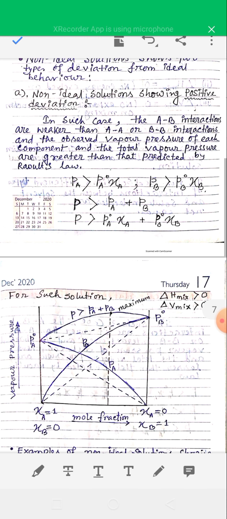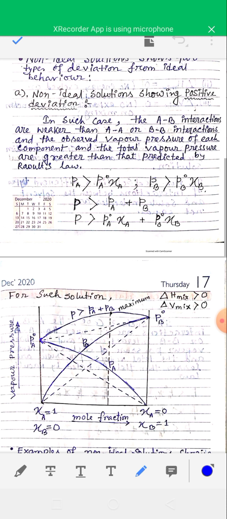In case of positive deviation, the vapor pressure of the solution will be higher than the vapor pressure of the ideal solution. This is the vapor pressure of the non-ideal solution, and this is higher than the ideal value. This is the ideal value, and this is for the non-ideal solution.